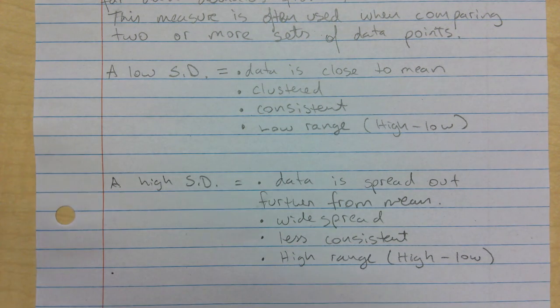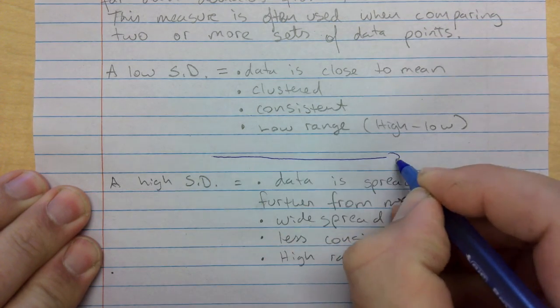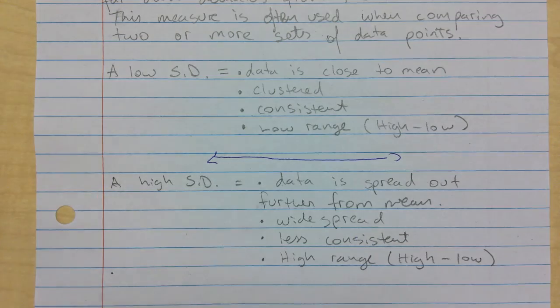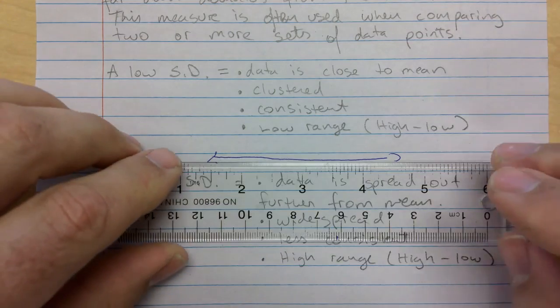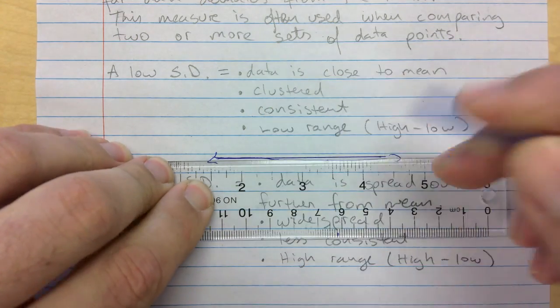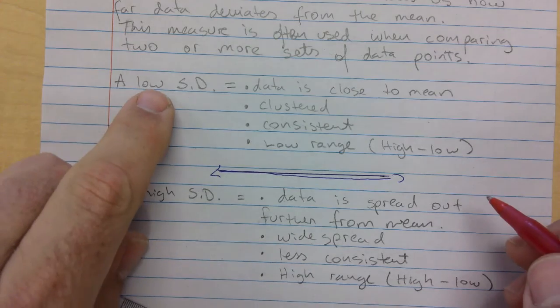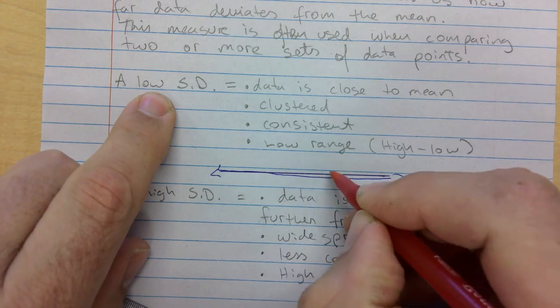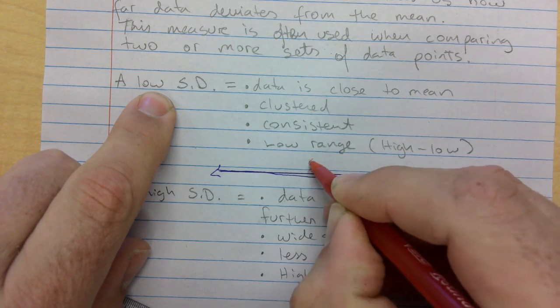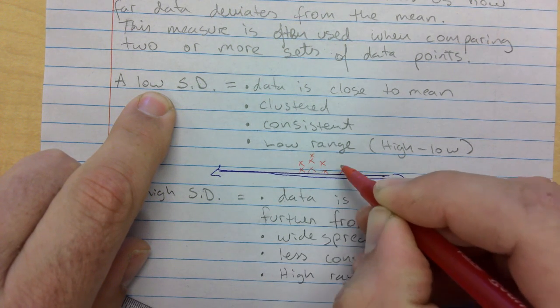How about we also do this to have a visual? Maybe I'll use a different color. If you have a low standard deviation, I'll use blue. I should have used a ruler there, that looks a little sloppy. If this is our number line, and I need a red pen right here, if it's a low standard deviation, then wherever your mean is, you're going to have a lot of values.